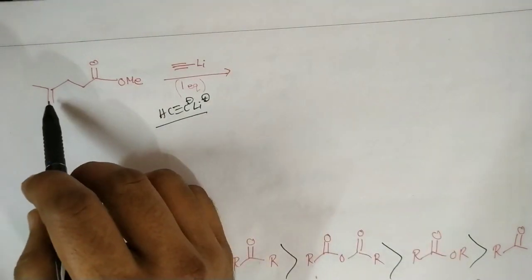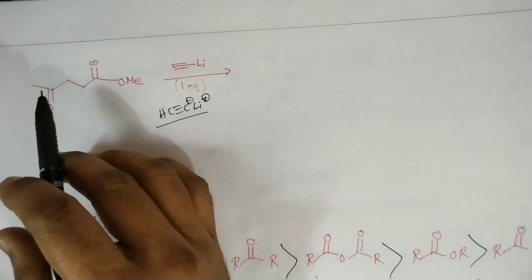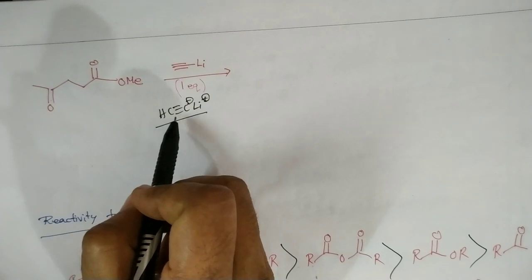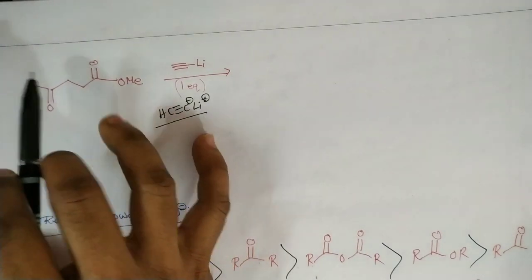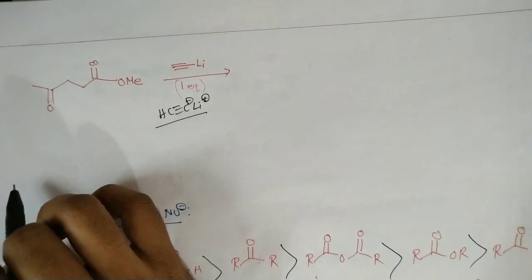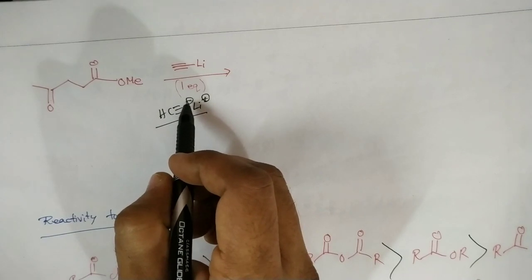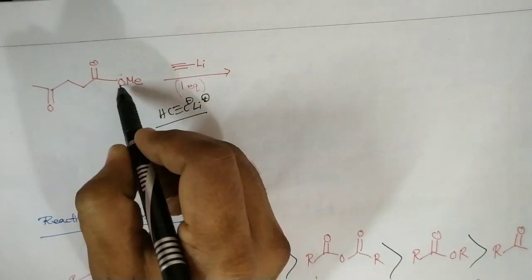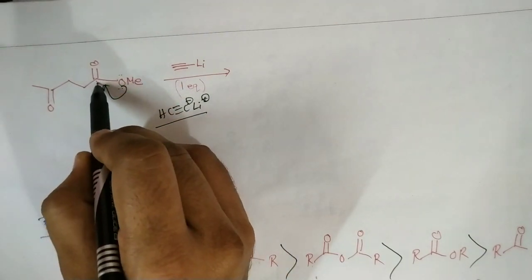Between ketone and ester, this compound contains two functional groups, but especially when you take one equivalent of this organometallic compound, the more reactive functional group is attacked. Between ketone and ester, the ester is less reactive, because here the oxygen is acting as a plus M group, so that decreases the magnitude of the positive charge.